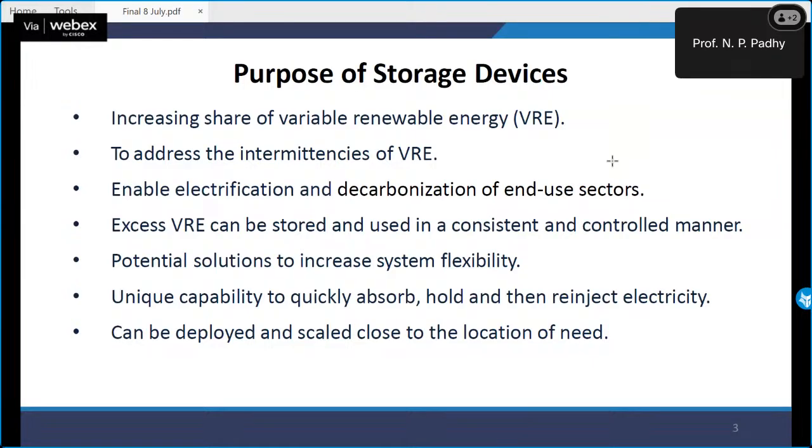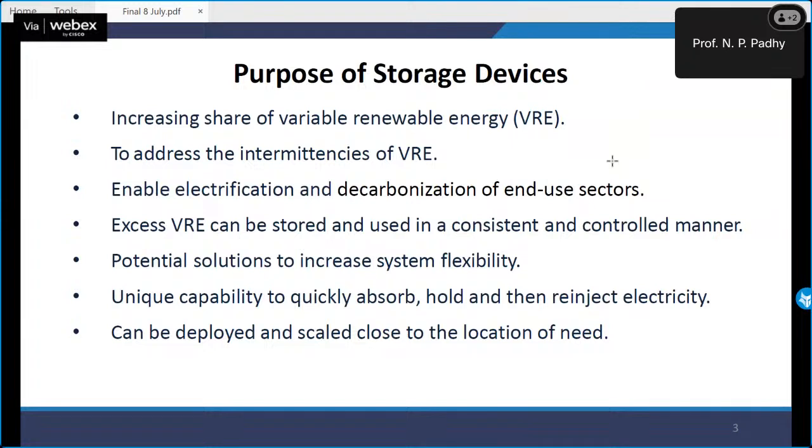And for that, we need to have storage devices. One thing is very popular, that is electrification and decarbonization of end user sectors. To promote intermittent or green energy, we need storage to make sure that the generation curve is flat. Excess variable renewable energy can be stored and used in a consistent and controlled manner. All points number 1, 2, 3, 4 fall under the same umbrella of intermittency.